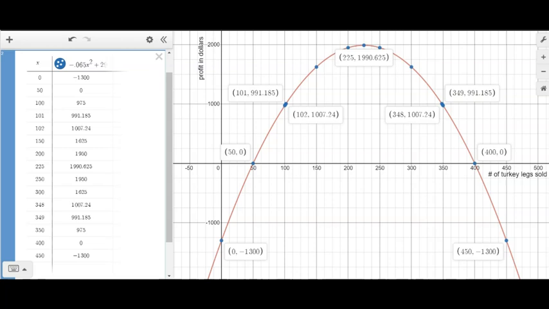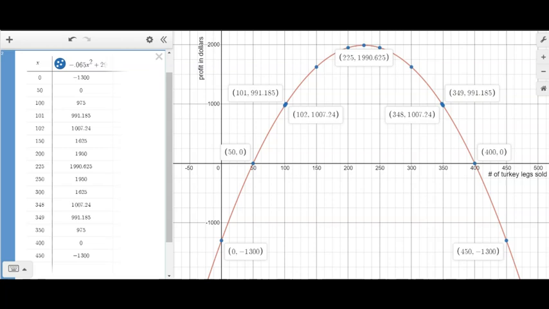We could continue to sell turkey legs, and so our interval of decrease could actually extend beyond 400. We wouldn't want it to do that because the purpose of having the booth is to make money. So any amount of turkey legs that we sell greater than 50 but less than 225 would be increasing our profit.